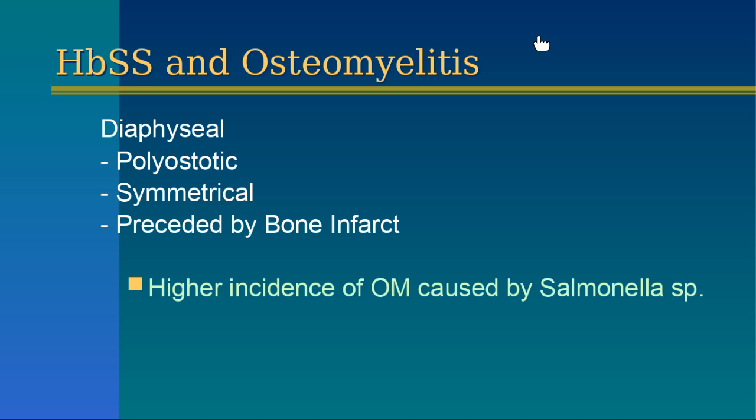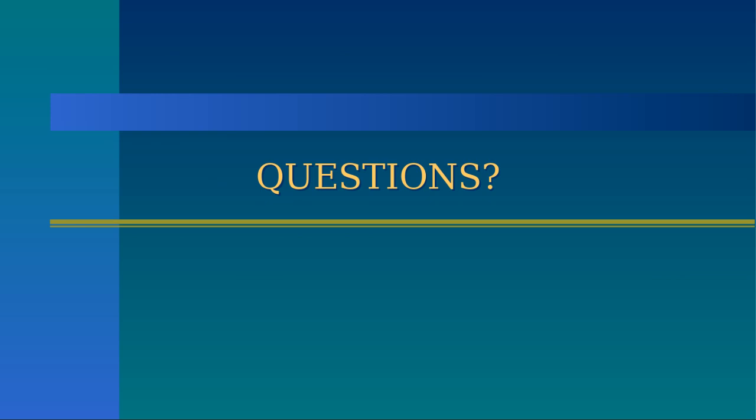So it depends on the literature that you're reading in terms of what is the commonest organism for osteomyelitis. I think in Jamaica, it's still Staph aureus. What is accepted, though, is that there's a higher incidence of osteomyelitis caused by Salmonella species in the sickle cell disease population. All right. So I think we'll stop here.